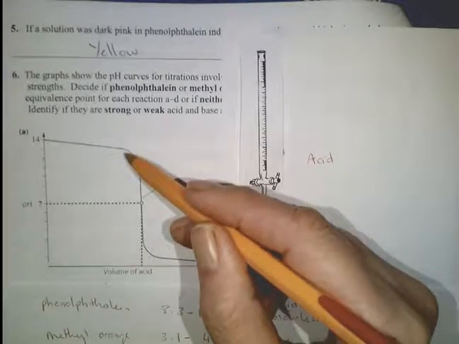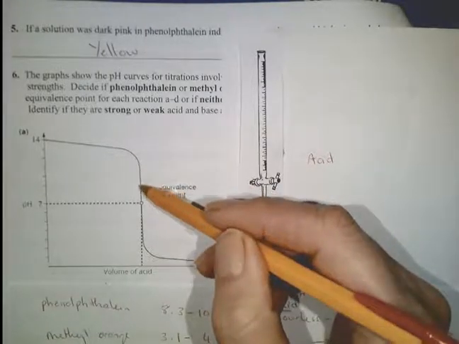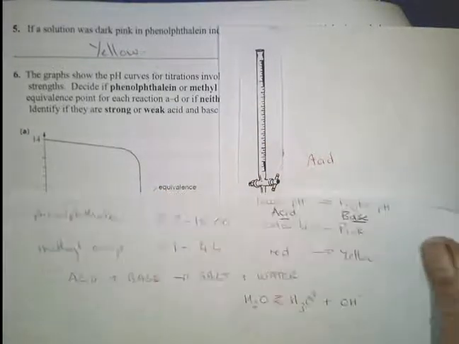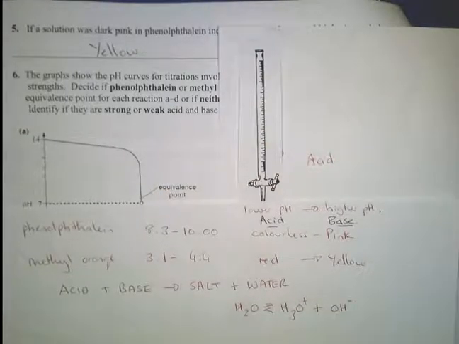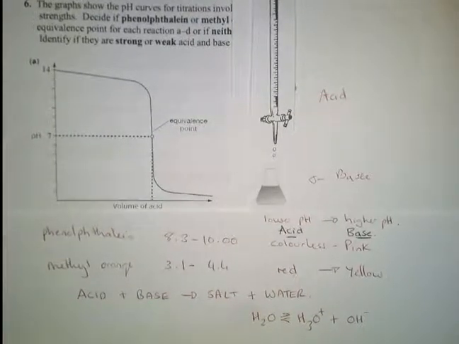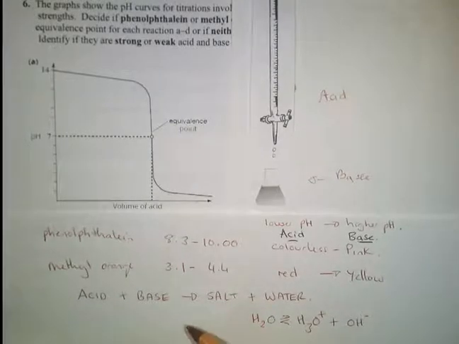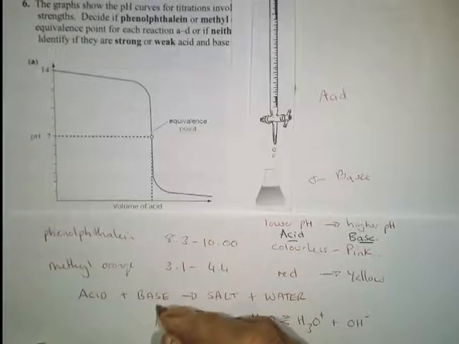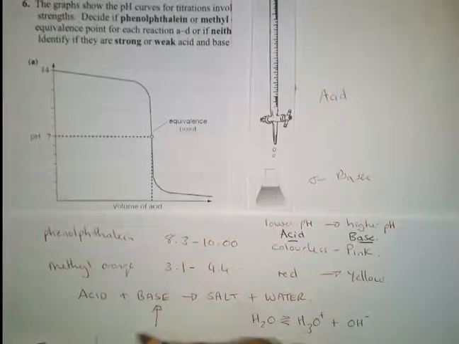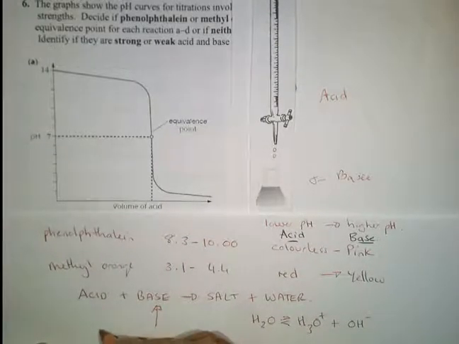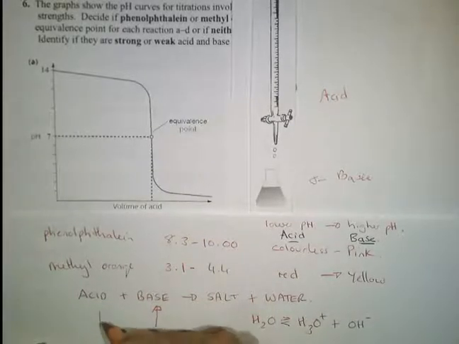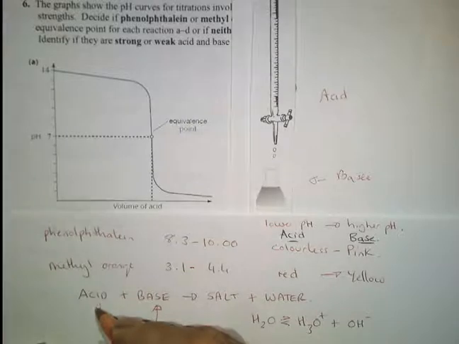So when you're on this side of the equivalence point, you've got too much base, and when you're on the other side, you've got too much acid. So acid plus a base makes salt and water. So you started off with lots of base, and then as the reaction's going, you're slowly adding acid until eventually you have exactly the same amount.